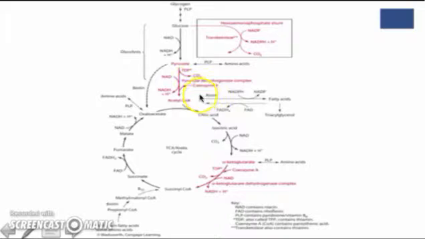So biotin is involved as a coenzyme of that acetyl-CoA carboxylase. And then lastly, we see biotin here involved in the conversion of pyruvate to oxaloacetate. So we have biotin as a coenzyme to the pyruvate carboxylase enzyme needed to convert pyruvate to oxaloacetate.